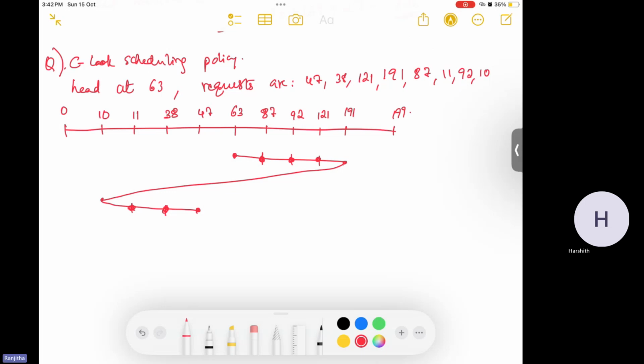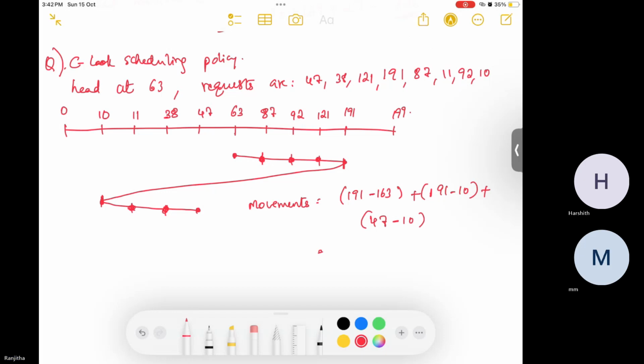Okay, so the total head movement is from 63 to 191, so 191 minus 63, plus the move from 191 to 10, which is 191 minus 10, plus from 10 to 47.